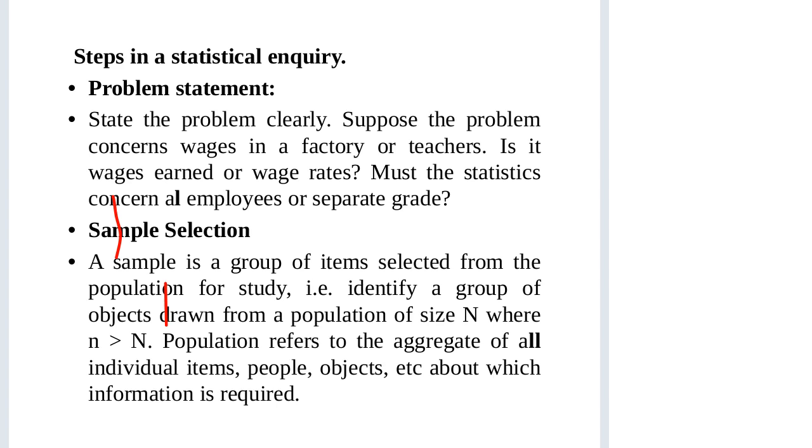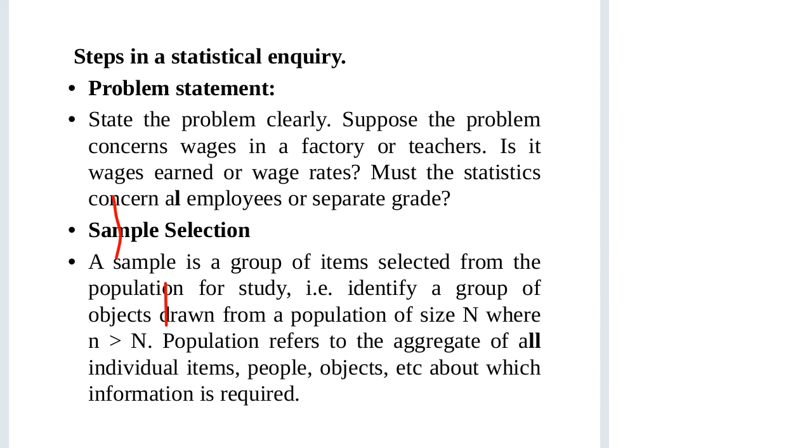Based on the area of investigation, it may not be possible to carry out a study of the entire population. Because of this, you will be required to select a sample. A sample is simply a group of items selected from the population of the study.